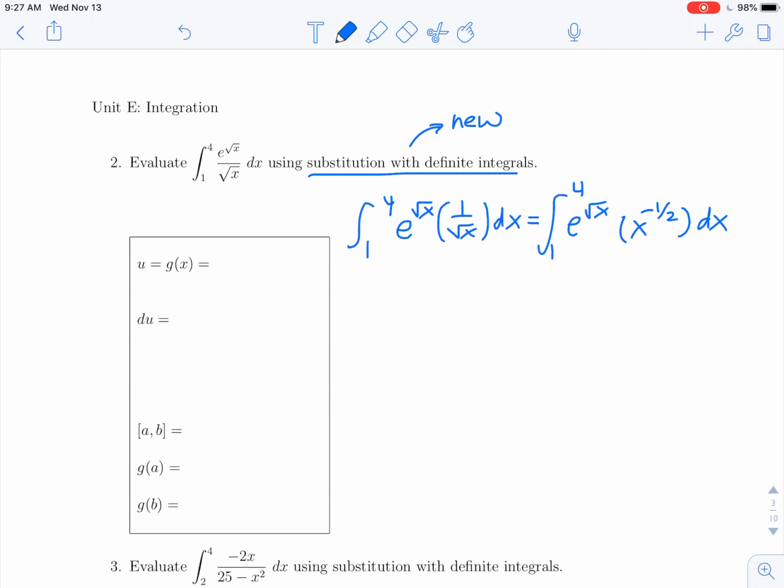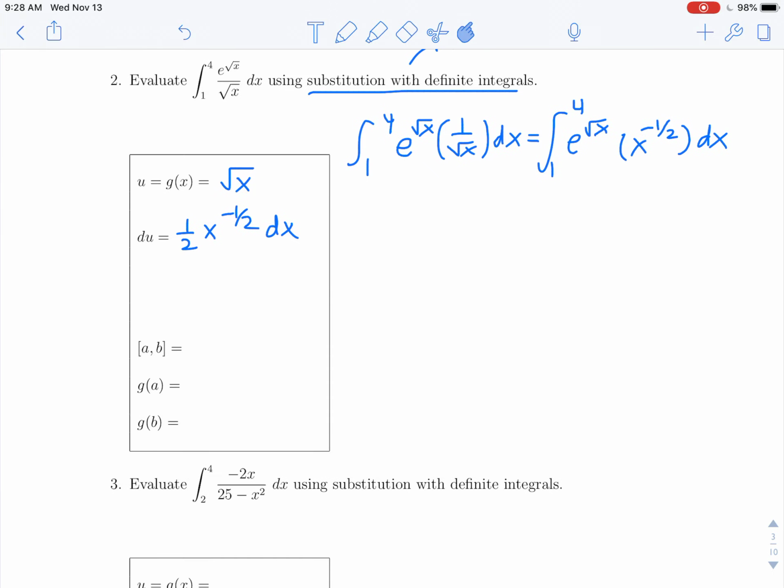And when I write it this way, I can see that my u probably should be root x. And then my du is going to be 1/2 x to the negative 1/2 dx. And we don't quite have what we need yet within the integrand because we need that 1/2.